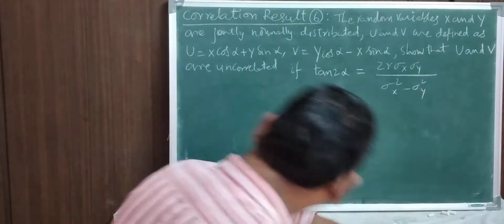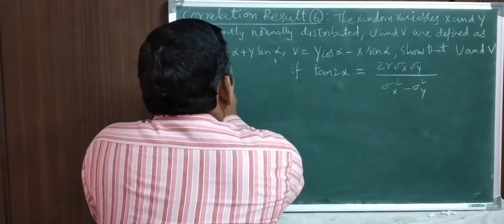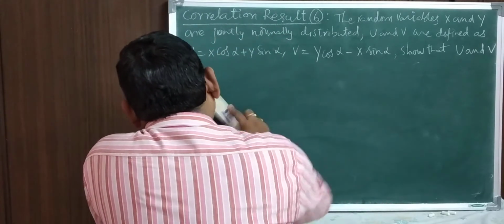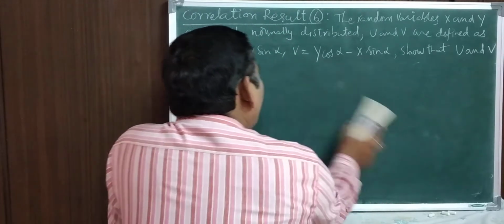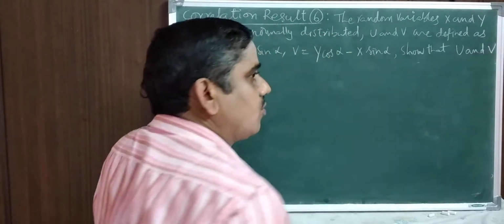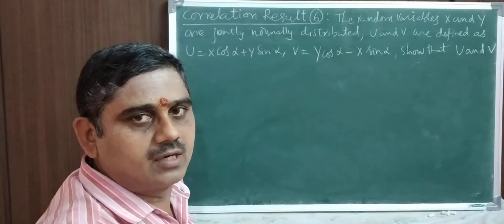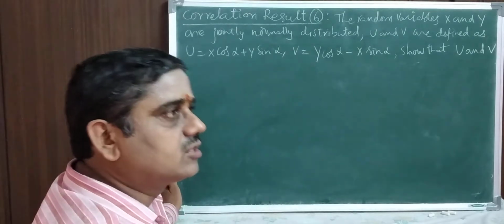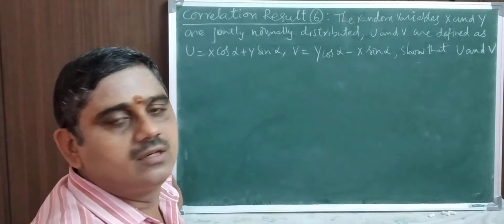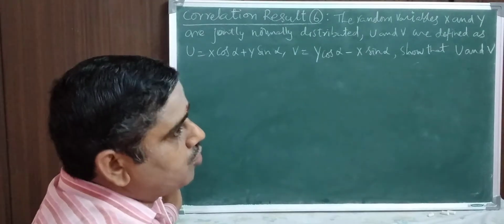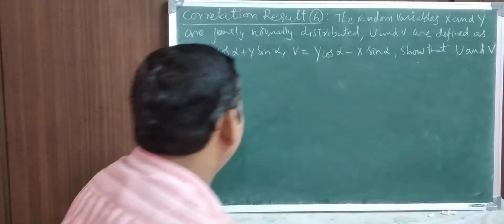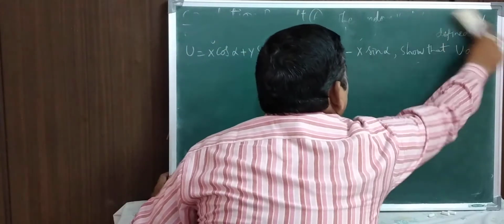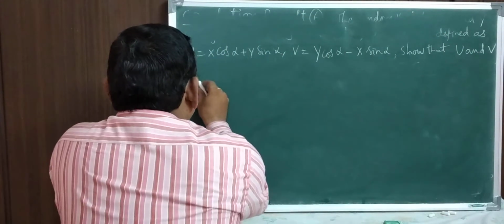To prove tan 2 alpha is equal to some particular value, we start with u and v being uncorrelated. So that is what we consider first in this result.